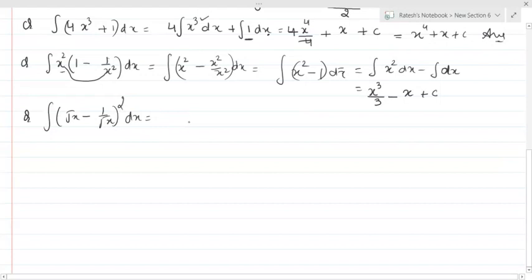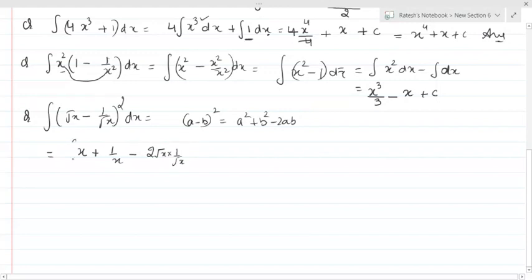So obviously you have the formula: a minus b whole square equals a square plus b square minus 2ab. That's why we will apply the same formula in this equation. Here root x square will be x, plus b square means 1 over root x square, so it will be 1 over x, minus 2 into a into b.